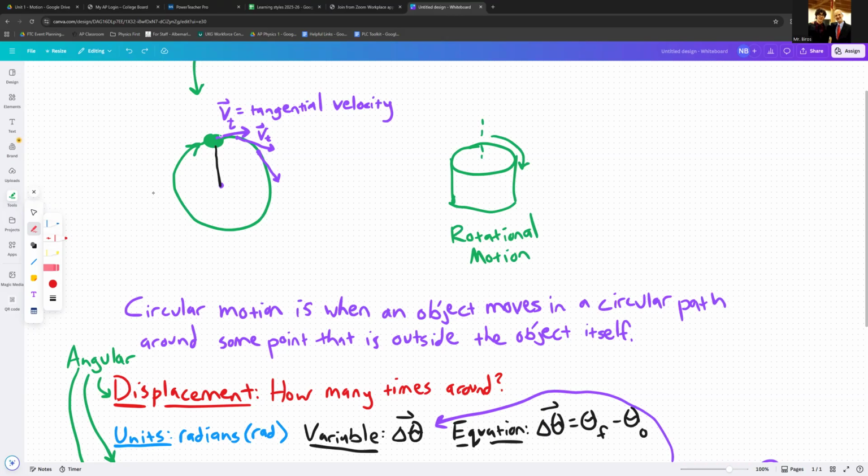And to go from the top purple arrow to the next one, from almost straight to the right to a little bit downwards and to the right, the acceleration that causes that to happen is an acceleration directly towards the center of the circle. This is the acceleration that our object experiences in order to change the direction of the tangential velocity.